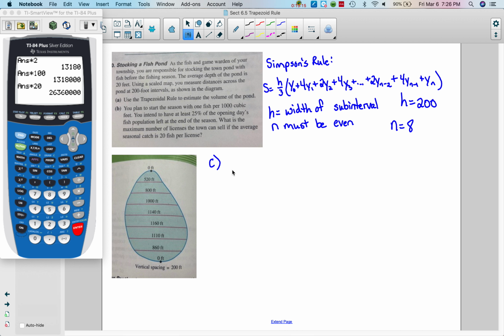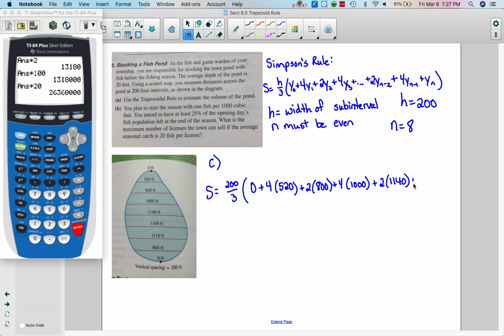All right, so using Simpson's Rule, we're going to get 200 over 3 times, and we're going to have a 0, plus 4 times 520, plus 2 times 800, plus 4 times 1,000, plus 2 times 1140.